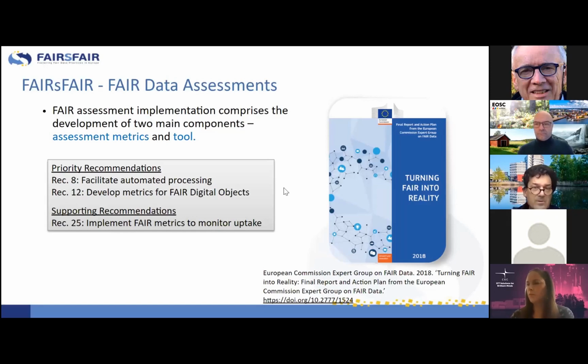The first one was to provide assessment metrics for the FAIR principles, of course, and some practical tools which can help to assess the fairness of research objects. And these two components or tools are addressing the priority recommendation of the Turning FAIR into Reality report, which was published in 2018 by the European Commission.